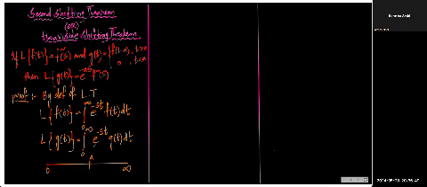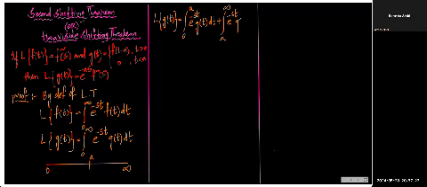It means this integral value, Laplace of g of t, I want to break into two parts. First part will be 0 to a, same value, e power minus st g of t dt, plus it is now from a to infinity, e power minus st g of t dt.